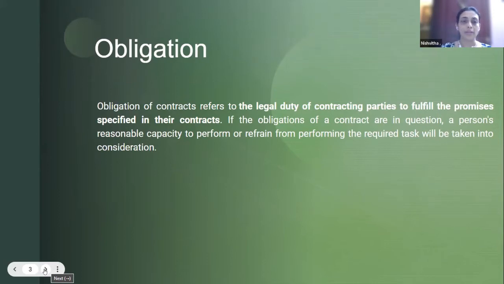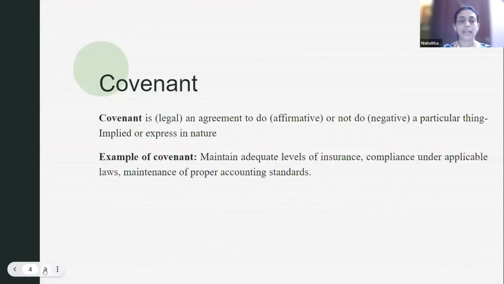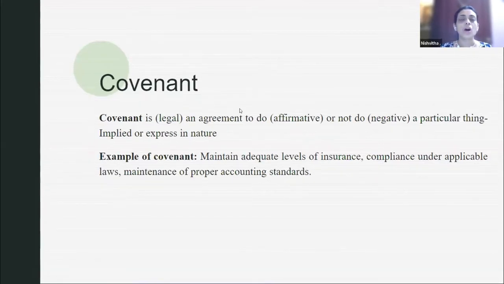Now, what is a covenant? Most of the time in agreements, we feel a covenant and an obligation are interchangeable terms. A few times people do treat them that way, but there's a very thin line of difference. An obligation is something which is mutually decided, which varies from transaction to transaction between the parties.